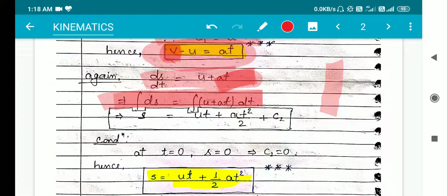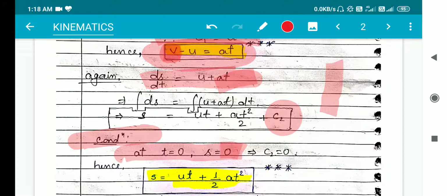After integration, we find the equation s equal to ut plus half at square plus c2. Here c2 is the second arbitrary constant. Again I apply the condition that at initial time 0, displacement is 0.